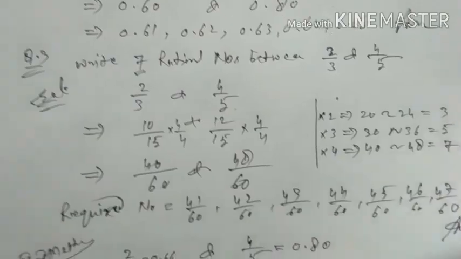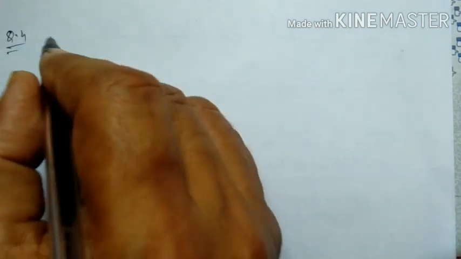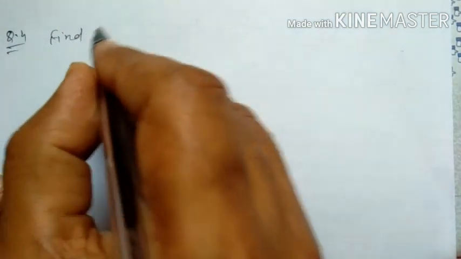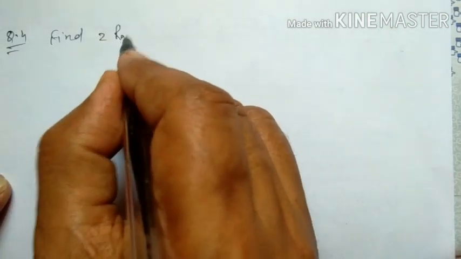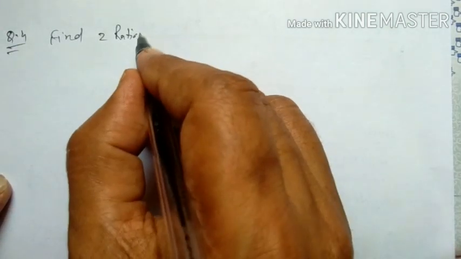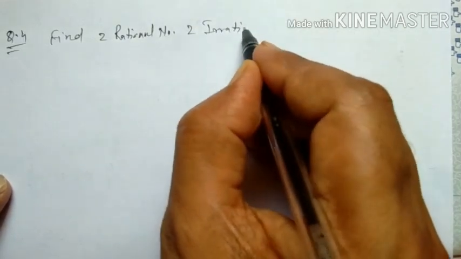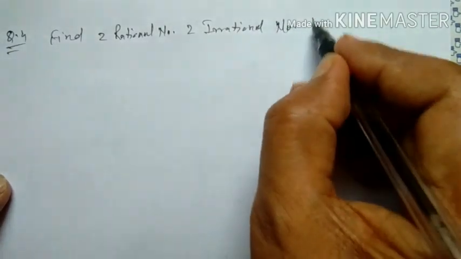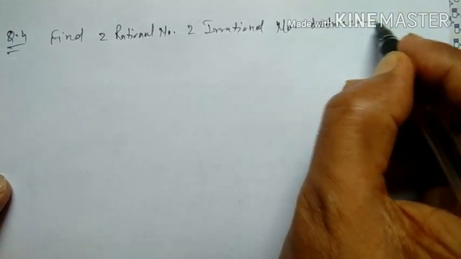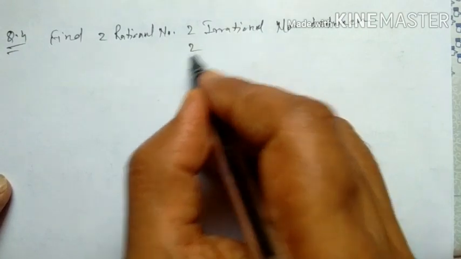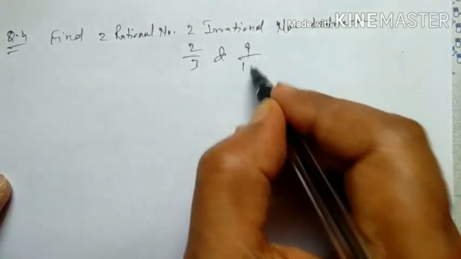Now we will solve some more questions. Take the next question. Now let's start. Question 4. Find two rational numbers and two irrational numbers between 2/3 and 9/11.